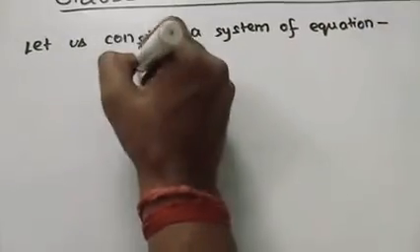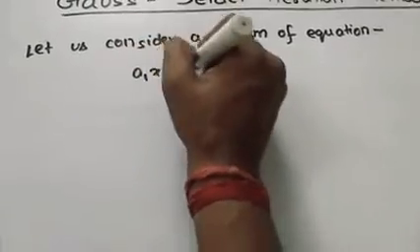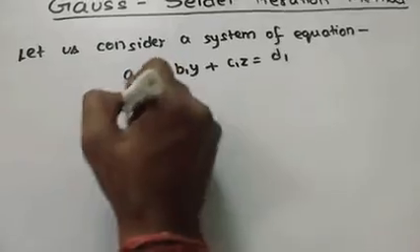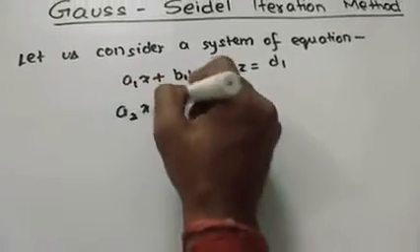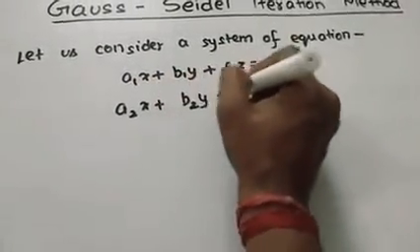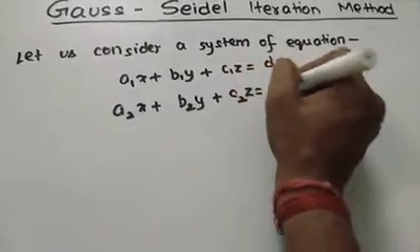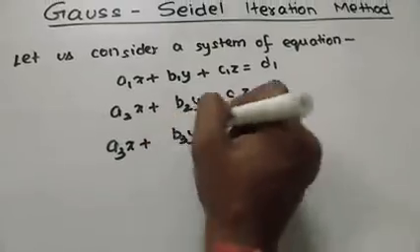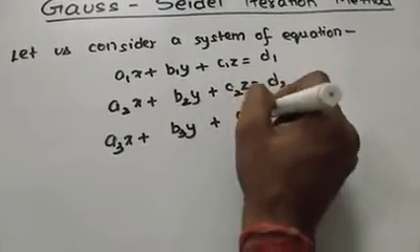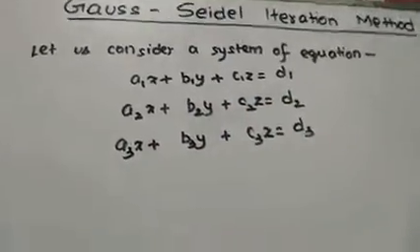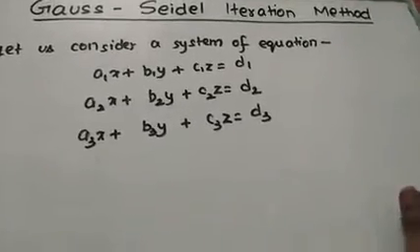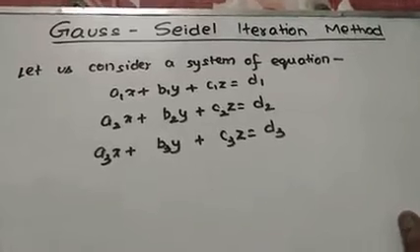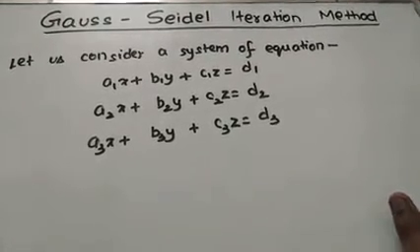We will consider 3 equations: a1x plus b1y plus c1z equals d1, a2x plus b2y plus c2z equals d2, a3x plus b3y plus c3z equals d3. So this will be a system of equations given to you. From this system of equations you have to find the roots by using the Gauss-Seidel iteration method.